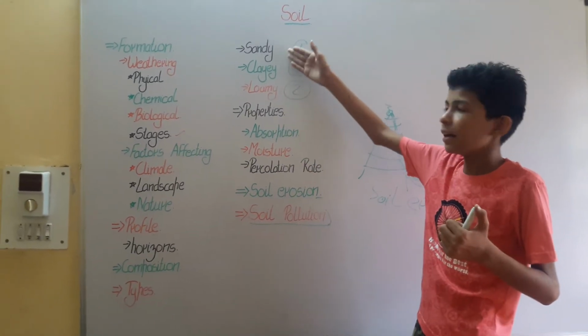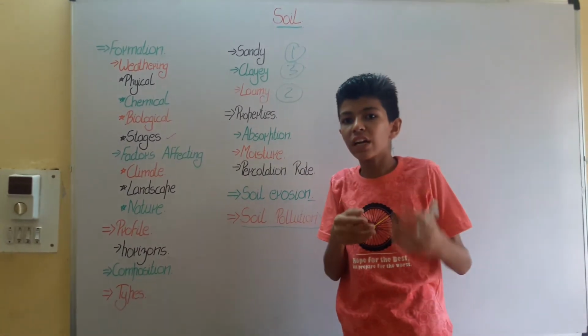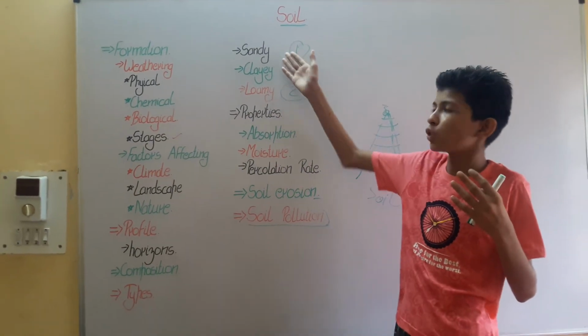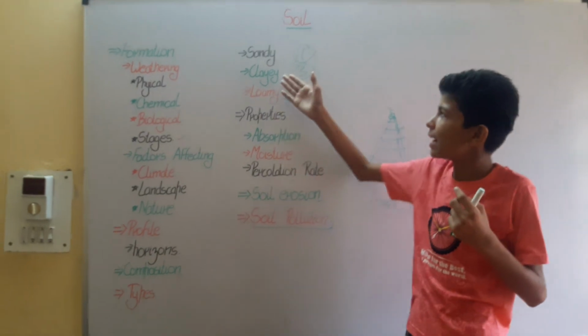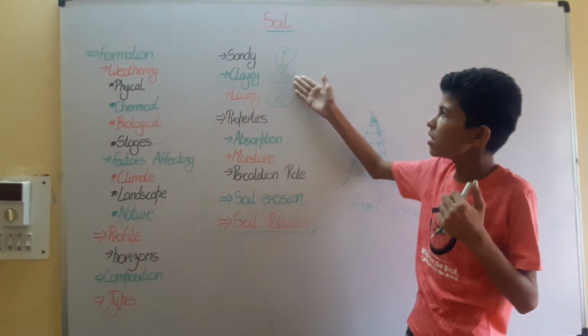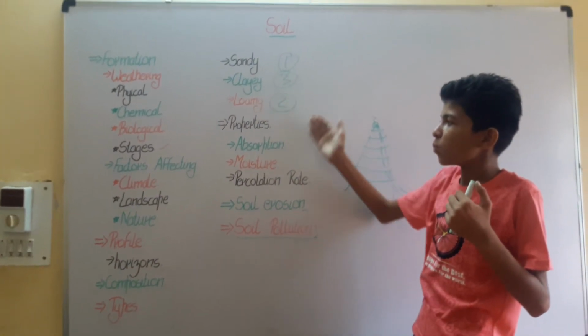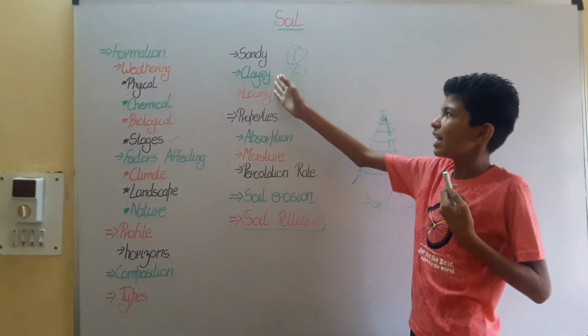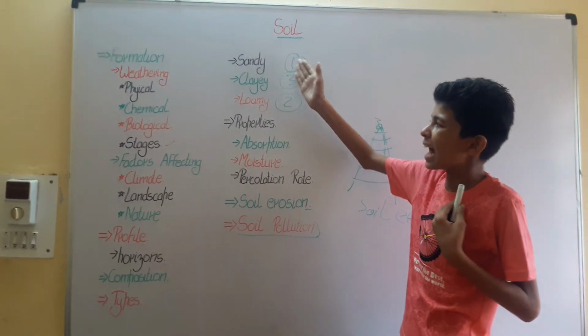This depends on the transfer of heat and water. Sandy soil transfers the most, then loamy soil, and then clay soil. Moisture is present mostly in clay soil, then loamy soil, then sandy soil.